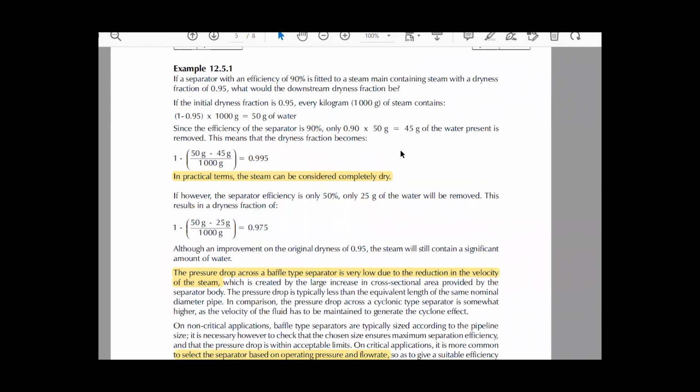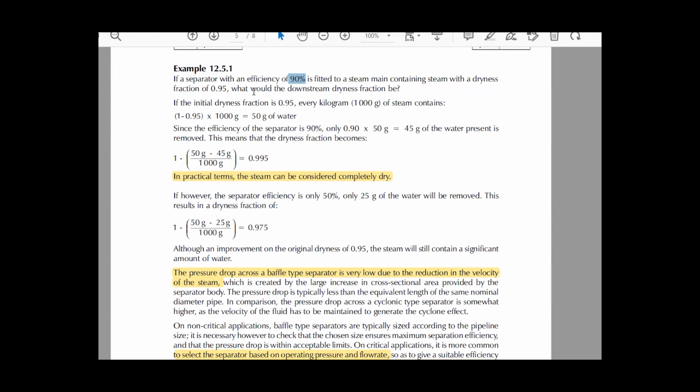So how do we calculate the efficiency of the separator and dryness factor? In this example, a separator with efficiency 90% is fitted in a steam main containing steam with dryness factor 0.95. What would the downstream dryness factor be?